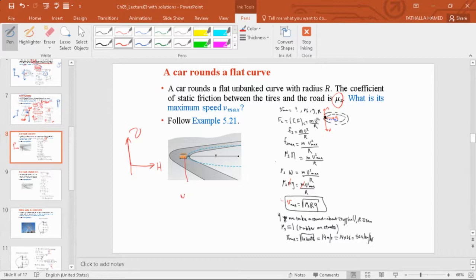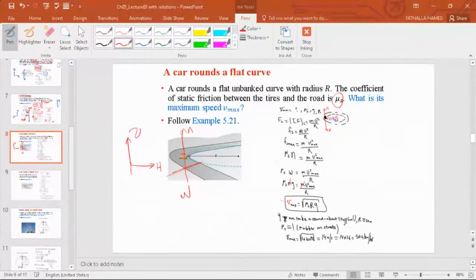So the weight is down, the normal force is up, and it's going around a circle of radius r. It's flat. Now I want to see what keeps this car going around. Well, the car could slide this way or that way, but what is keeping the car on the track?